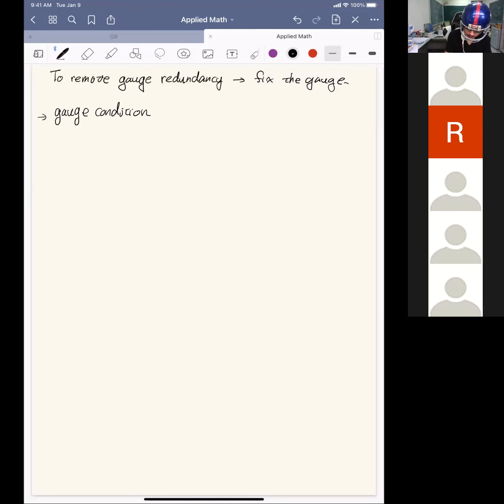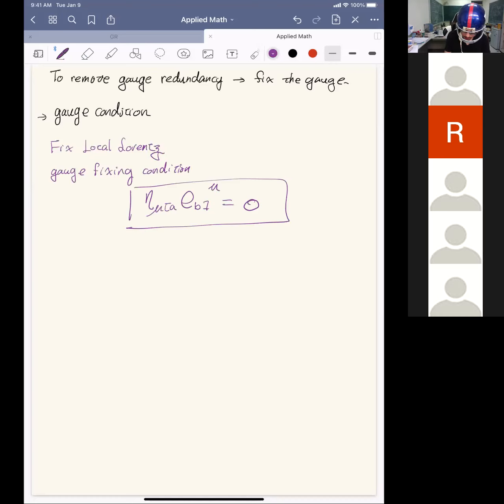So now we're going to fix the local Lorentz degree of freedom. And the gauge fixing condition is that I'm going to write eta mu A E B mu is 0. We use this as my gauge fixing condition.